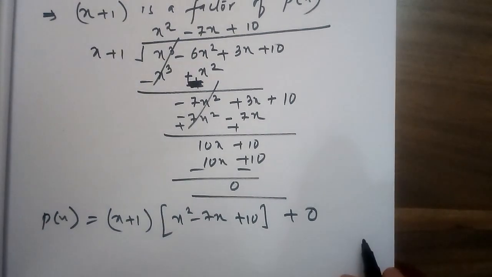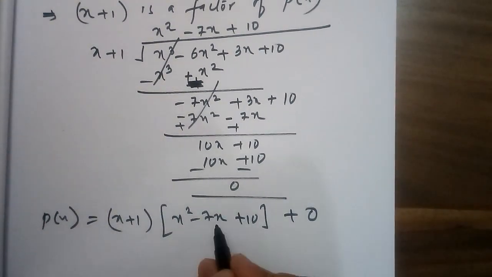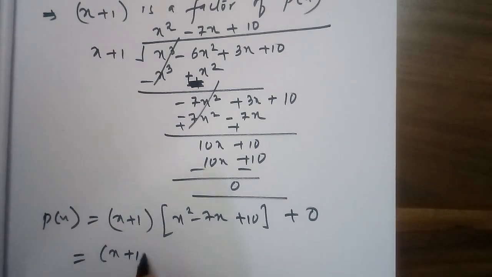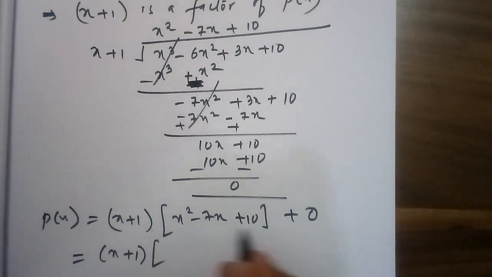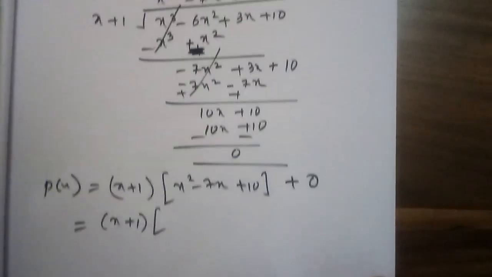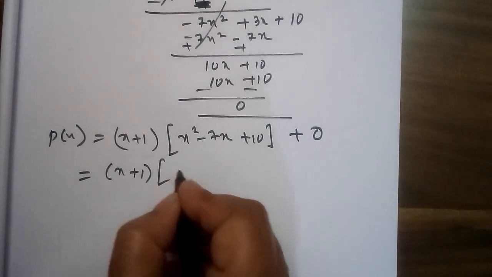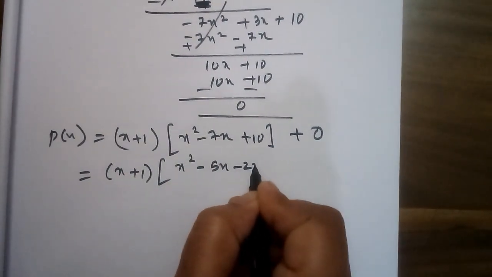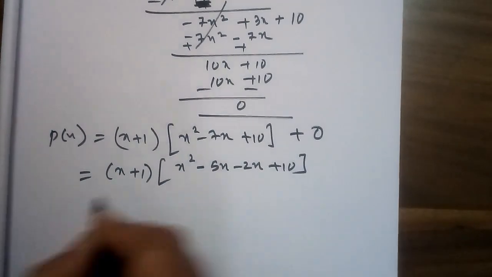This you have already learned with numbers, that dividend equals divisor into quotient plus the remainder. I leave my first factor as it is. Now the second factor is a degree 2 polynomial. So I factorize it by the method of splitting the middle term. So I'll get x square minus 5x minus 2x plus 10.